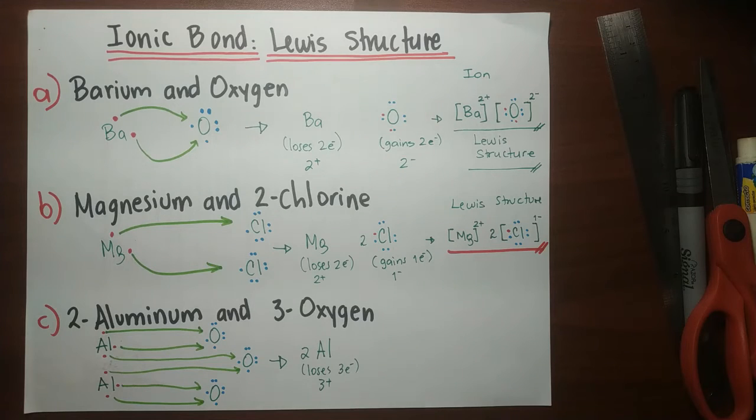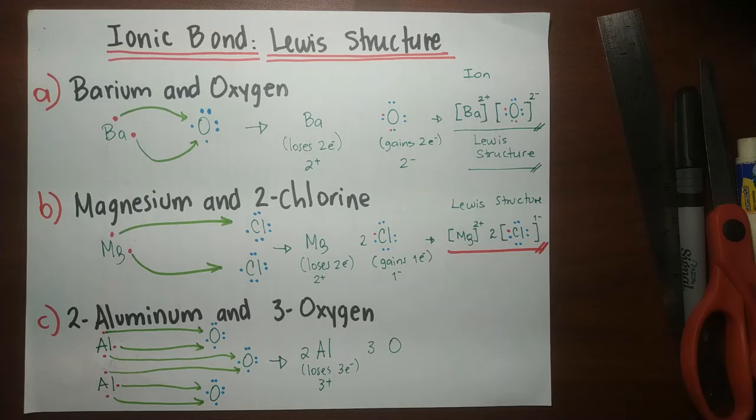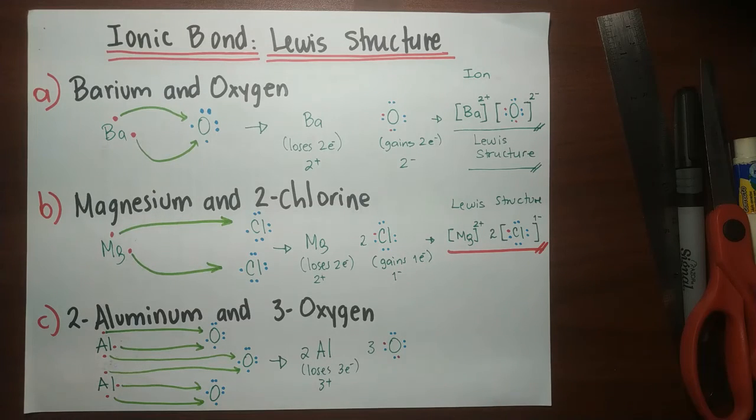Now what happens with oxygen? You have 3 oxygens, and every oxygen looks now like this. 1, 2, 3, 4, 5, 6, 7, and 8. These 2 are coming from aluminum.